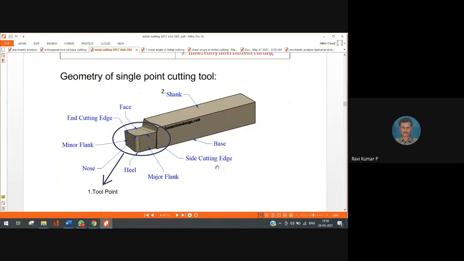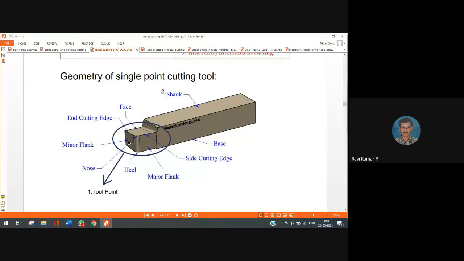When I take up the geometry of single point cutting tools, I divide the cutting tool into two parts. One I call the tool point, another part I call the shank. The place over which the chip flows, I call the face or rake surface, and the remaining portion which supports, I call the shank. The two flanks are relieved so that there is no rubbing of these surfaces.